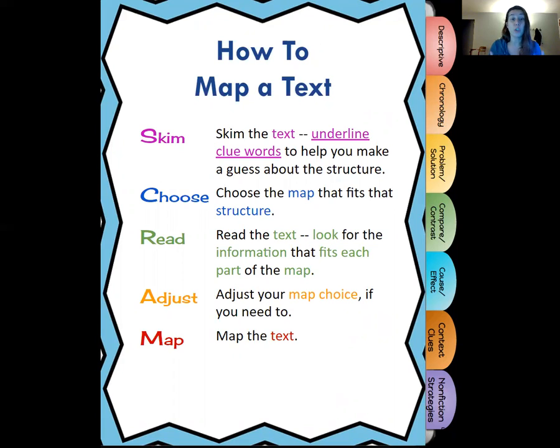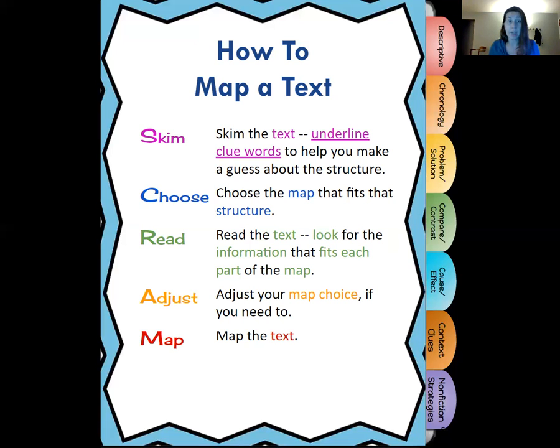Then you're going to choose one of those maps that will help fit the text structure you believe that text to be. Then you're going to read the text. You're going to look for the information that fits the part of the map or the text structure you originally thought this text would be.